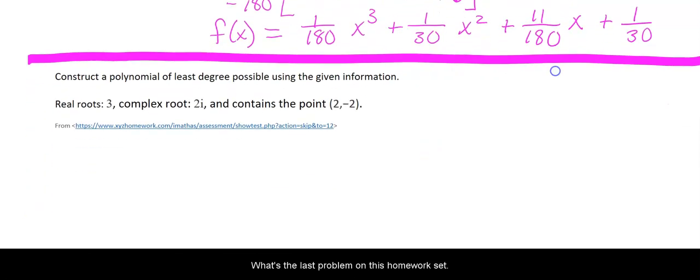What's the last problem on this homework set? This one says, construct a polynomial of least degree that meets the following information. Has a real root of 3, a complex root of 2i, and contains the point 2, negative 2.